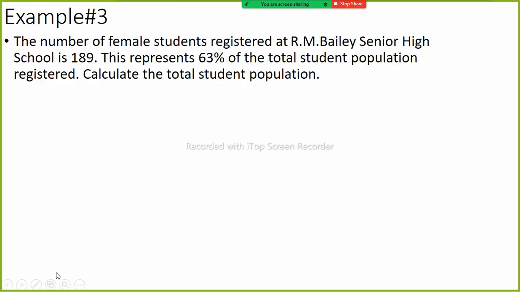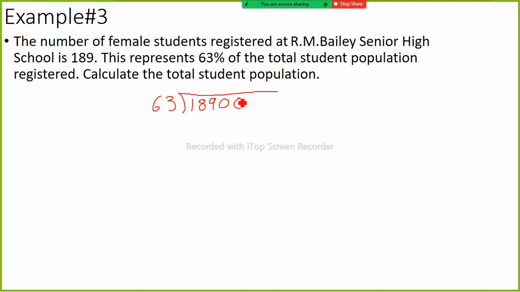Okay, go ahead, Albanic. What is the first thing I should do? Divide 63 by 189, and you have to put 2 zeros at the end. Very good. So we have 63, we divide that by 189, but you have to put 2 zeros at the end.